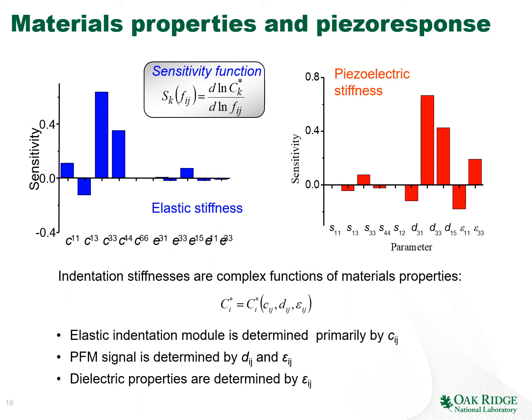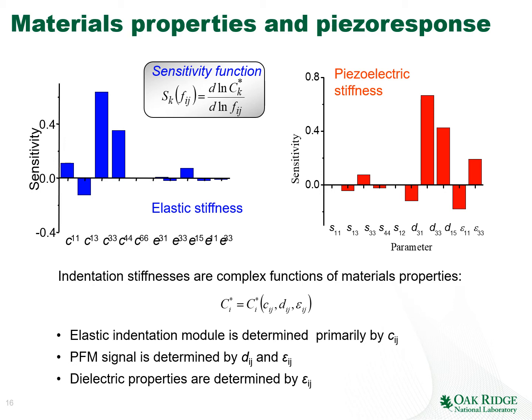So wonderful. We noticed that this PFM experiment can access these parameters C1, C3, C4. However, these are really complicated functions of the material properties. So the question is, can we somehow simplify those?